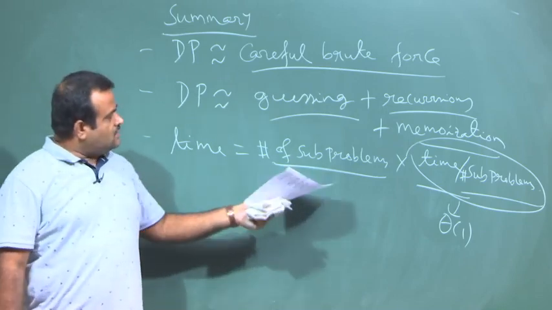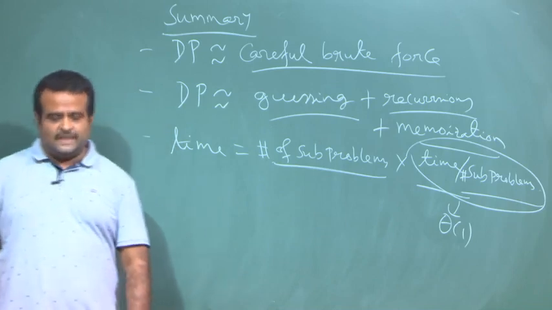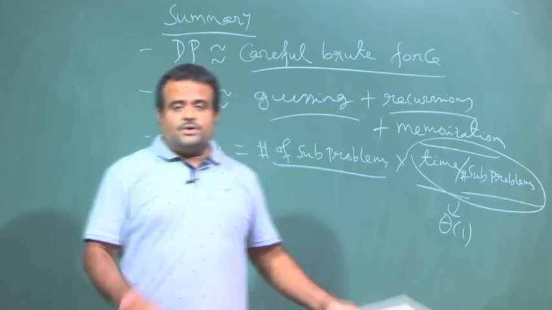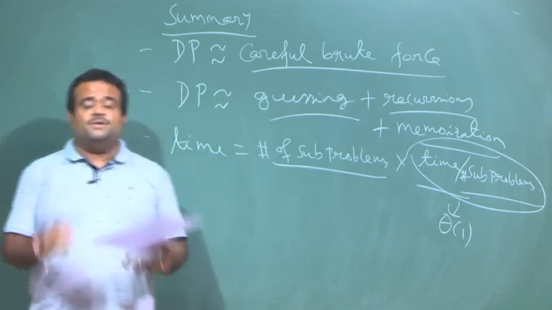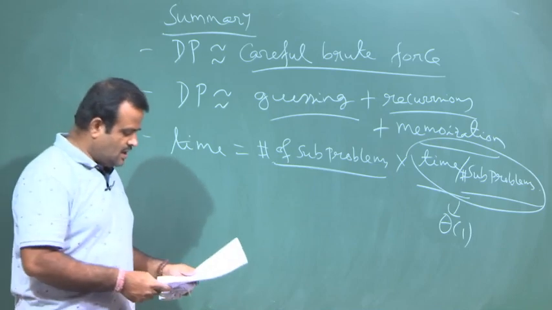So, if the number of sub problems is order of n, then the total time will be n. This is amortized analysis, because we are doing average case analysis, on average what is the time.